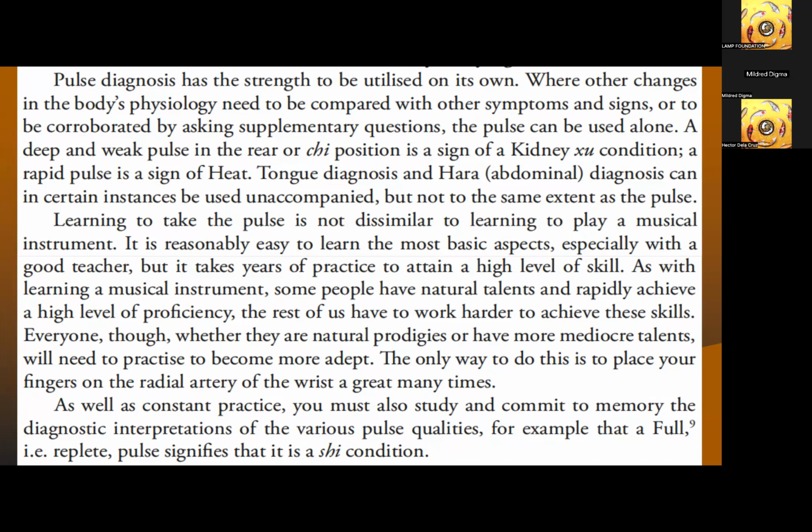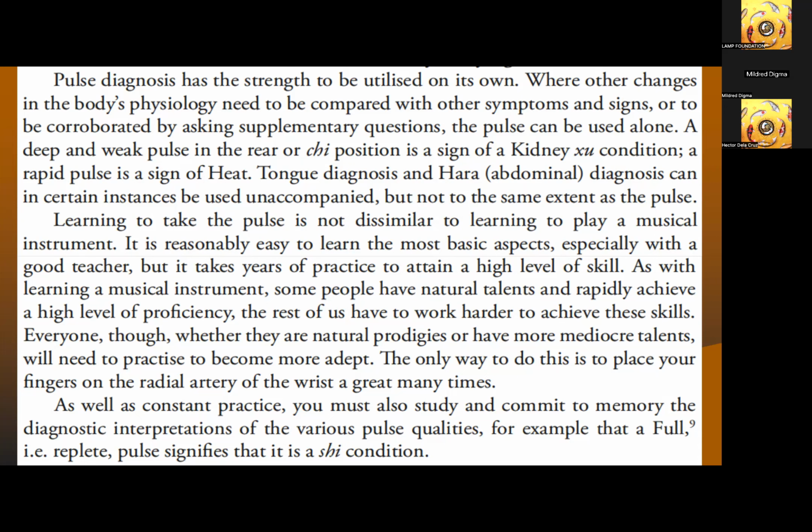A deep and weak pulse in the rear or chi position is a sign of a kidney deficiency condition. A rapid pulse is a sign of heat. Always po talaga yan, may heat. Tongue diagnosis and HARA or abdominal diagnosis can be used unaccompanied, but not to the same extent as the pulse.